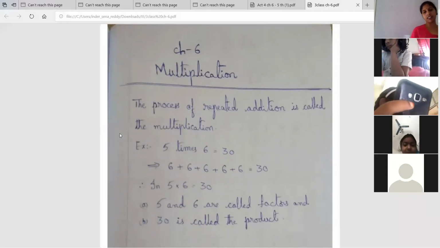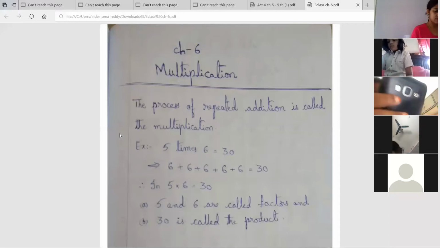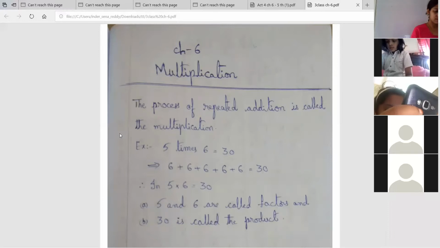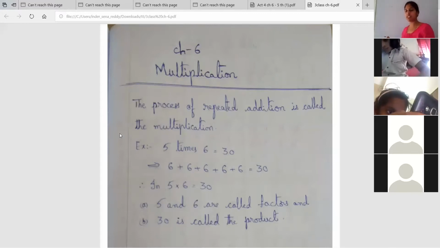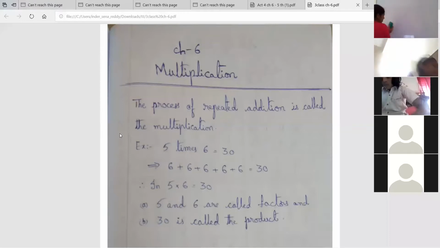Children, write till here. It's enough. Then I will write one problem on the board. You please copy that problem. Ma'am, can you scroll it down, ma'am? See here, those who have completed this, whatever I'm writing on the board, you copy from this one.